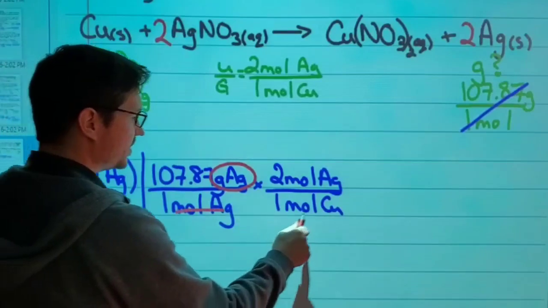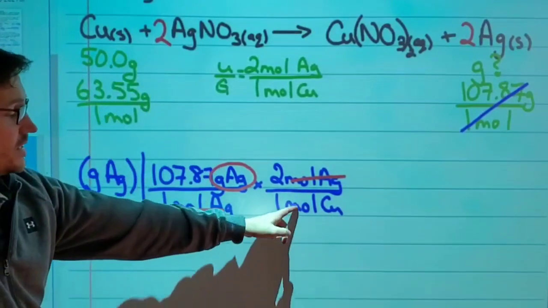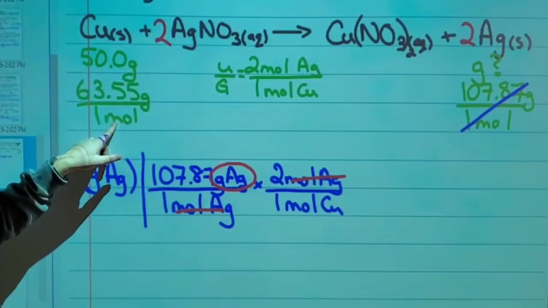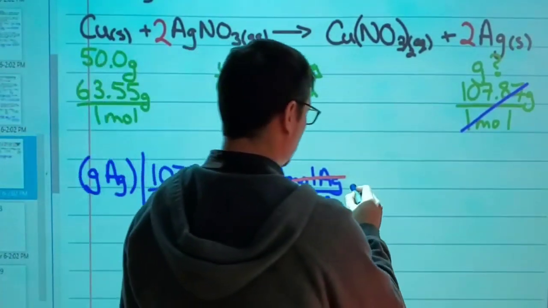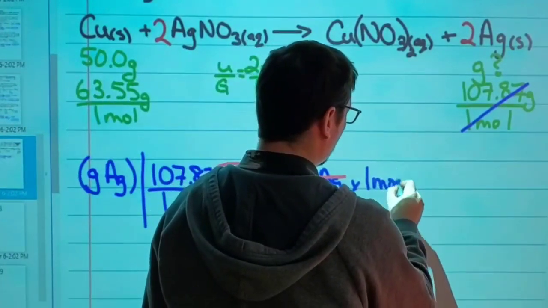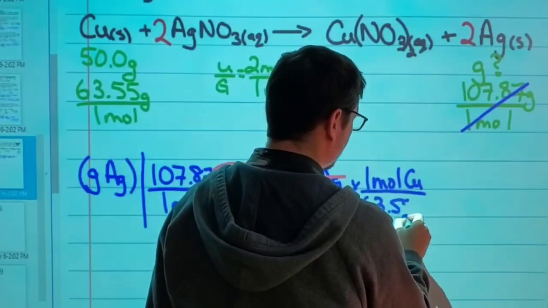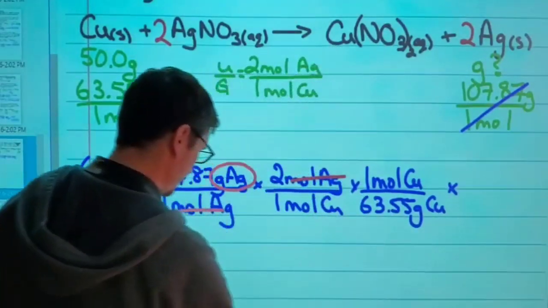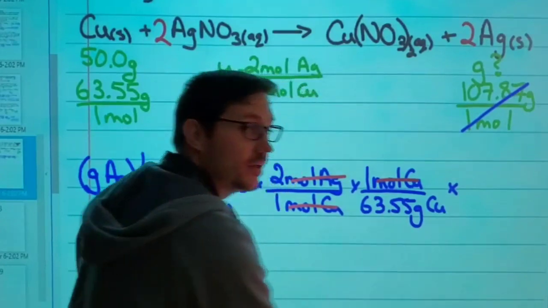So moles of silver and moles of silver cancel. Now I need to cancel out moles of copper, so I look under copper and I find moles of copper. So I gotta flip my molar mass: 1 mole of copper for every 63.55 grams of copper. So moles of copper cancel.